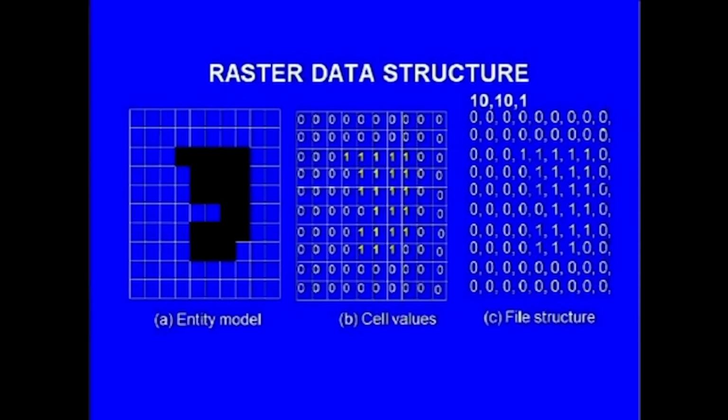In figure C, the representation of the file structure has been made, wherein we find a series of 0s in all those places where there is no information, but wherever there is information, it is represented as 1. It may be interesting to note that prior to this, we have another line wherein certain information has been given.